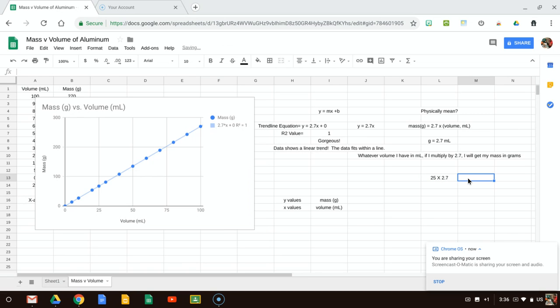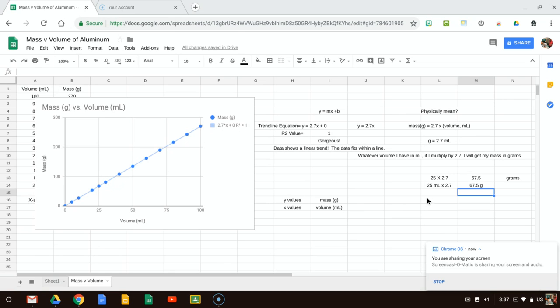And if I do this with a calculator, I get, guess what? I get 67.5 grams. Okay, so I did 25 milliliters times 2.7, and I get 67.5 grams.